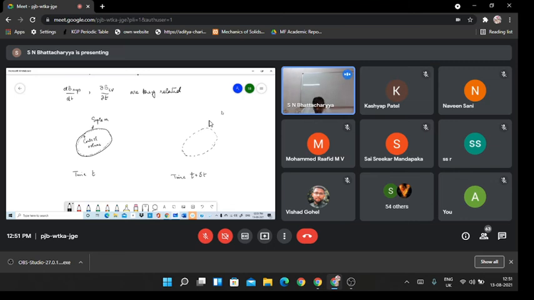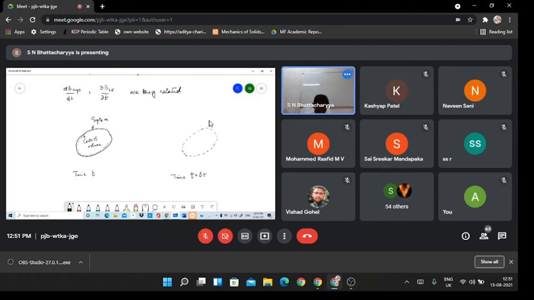I have my control volume in a space where fluid is flowing this way.